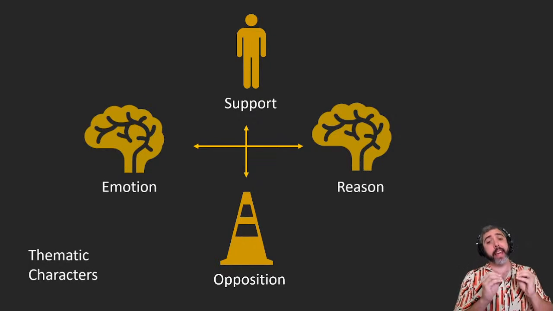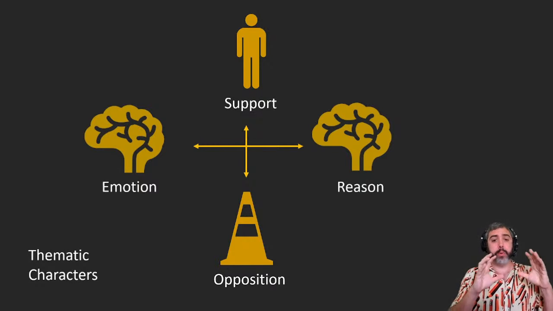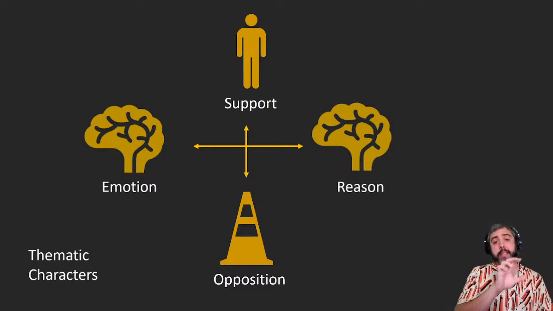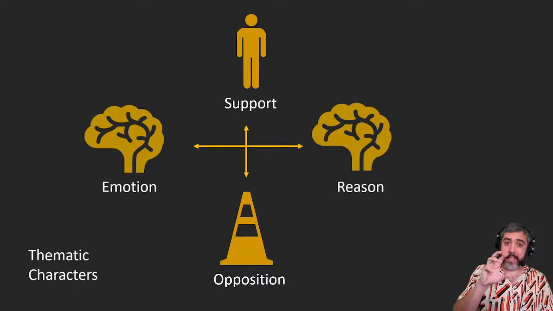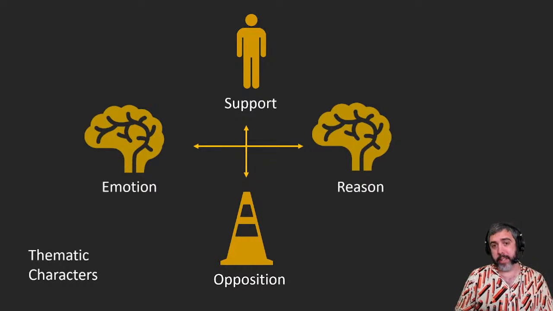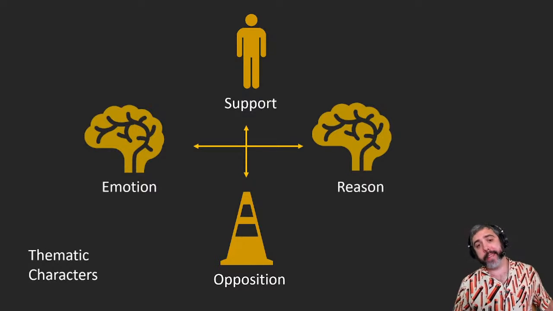The important thing is that this is how you label them in relationship to each other. So this is the most emotional character of the story. This is the most reason-oriented person in the story. If you have a story where people are not particularly logical in general, somebody who's just slightly more logical may stand out.